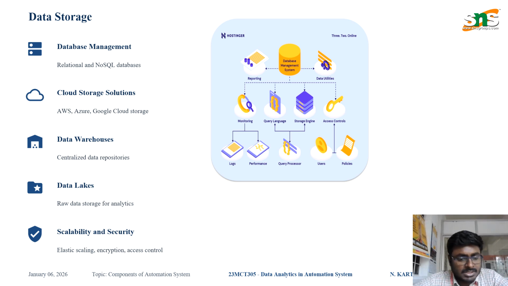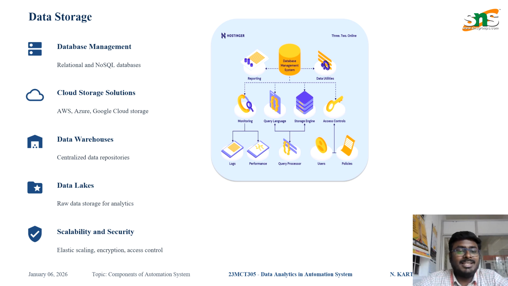For analytics purposes, we have data warehouses like Snowflake or BigQuery for centralized, optimized querying, and data lakes for storing massive amounts of raw data cheaply until needed. Don't forget scalability and security: the system must scale elastically with data volume, and we need encryption, data access controls, and compliance to protect sensitive industrial data.